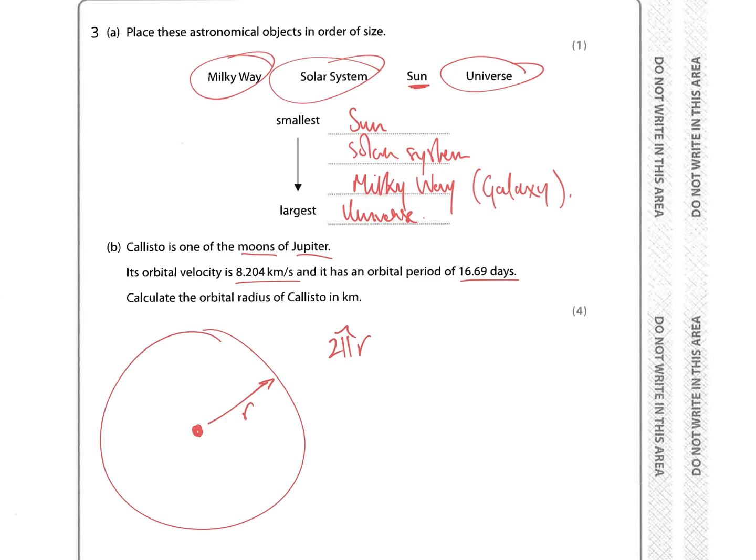So the circumference of a circle is your distance, and the distance divided by time gives you the velocity. A very straightforward equation. We're looking to calculate the radius, so we just need to rearrange. Radius is going to be the velocity times time divided by 2 pi. And some substitutions are now required.